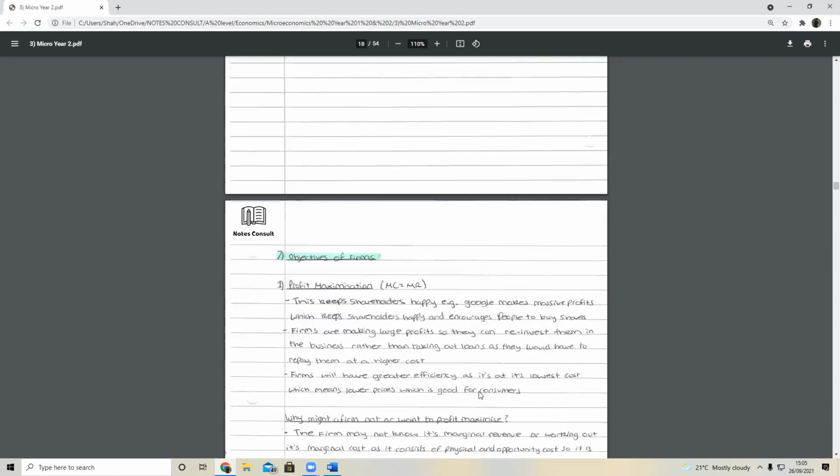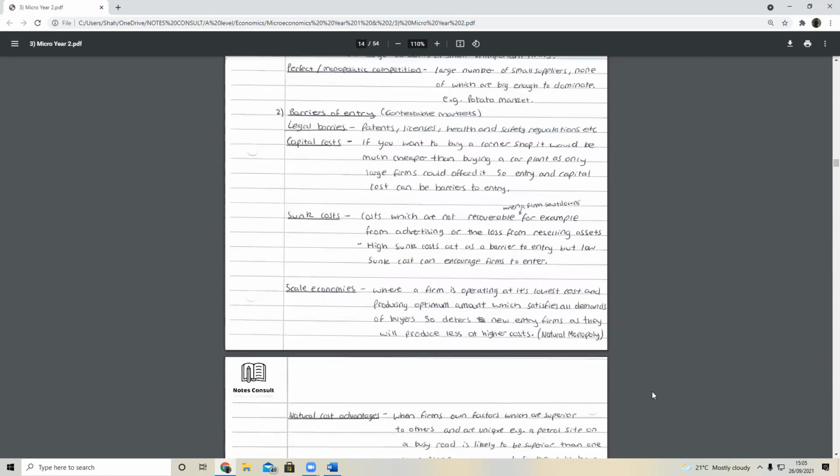These curves aren't alien to you, because we've already seen them. We saw these different revenue curves going twice as steep, and the marginal cost curve and the average cost curve going through the middle. We're just putting them all together now, so it's going to start to make sense.